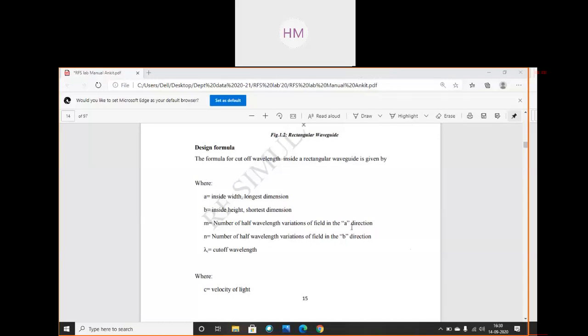Okay. So where a is the inside width, that is the longest dimension, and b is the inside height, that is the shortest dimension.